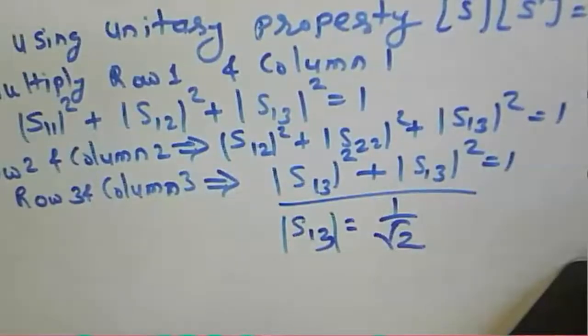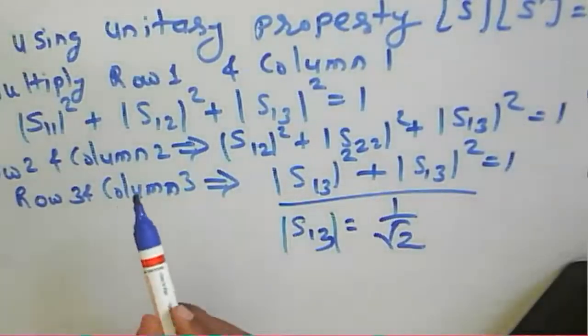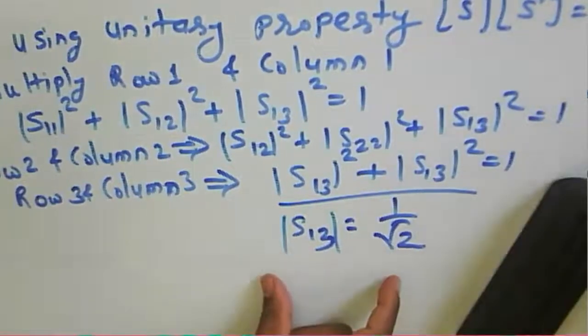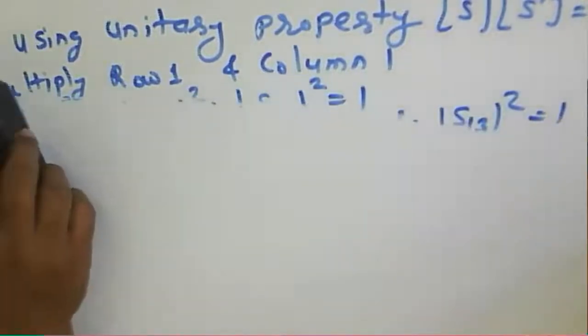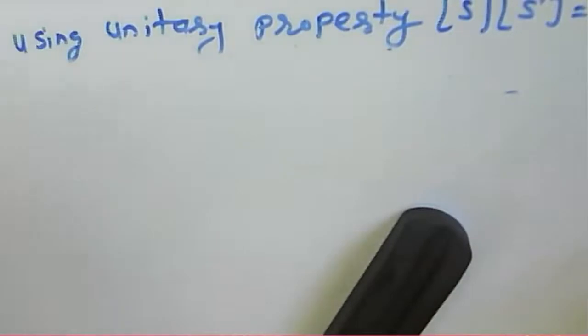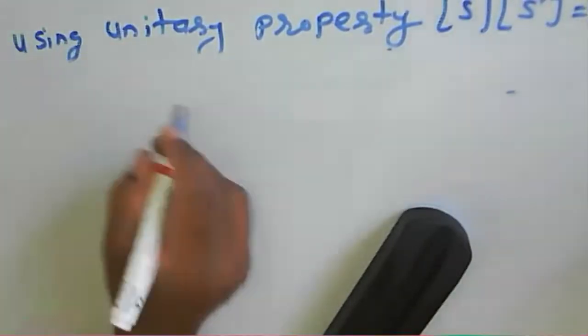Then as we said earlier, S11 is equal to S22. Already we said that, so you just remember that particular property there. Now we talk about the zero property.